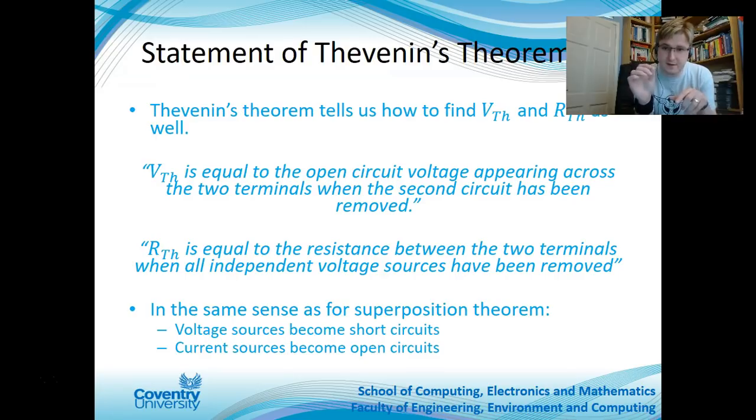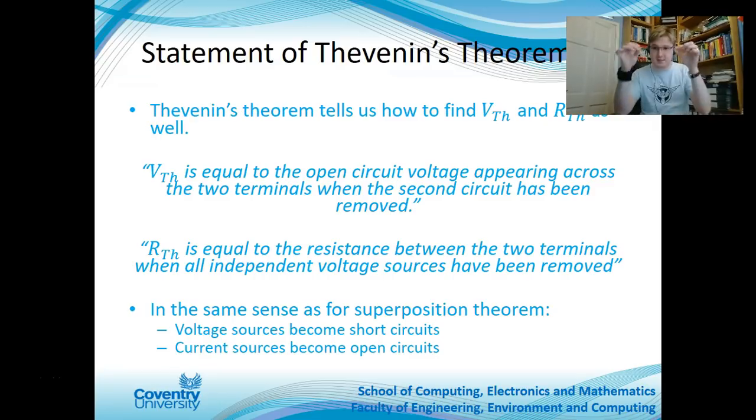And R Thevenin is the resistance across the terminals when all independent sources have been removed. Dependent sources stay, independent sources are removed, and we remove them in the same way that we did using the superposition theorem. So a voltage source becomes a short circuit, and a current source becomes an open circuit.